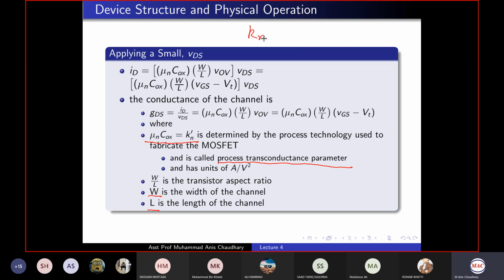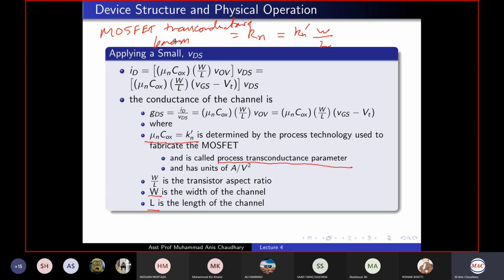Also we define Kn, which is called MOSFET transconductance parameter, and is defined as Kn prime W by L. So process transconductance parameter multiplied with transistor aspect ratio is called MOSFET transconductance parameter.